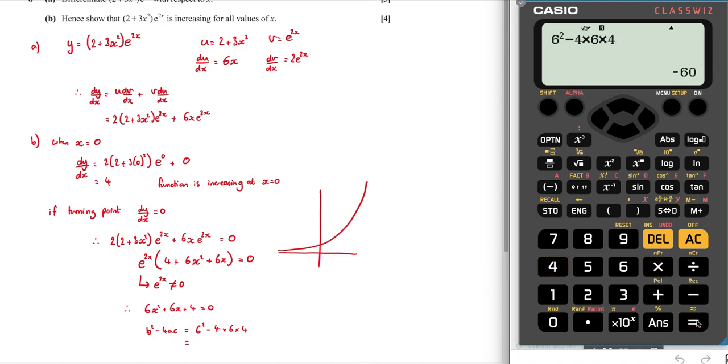Oh, look, that's negative 60. So therefore, that means 6x squared plus 6x plus 4 equals 0 has no real solutions.